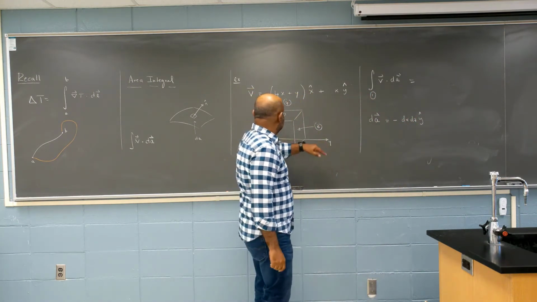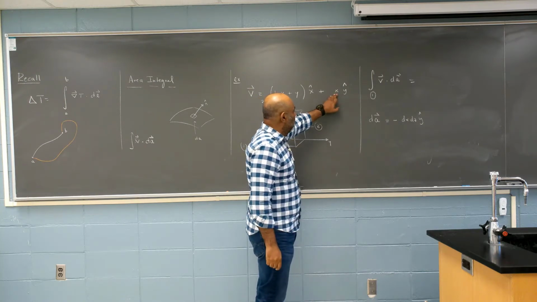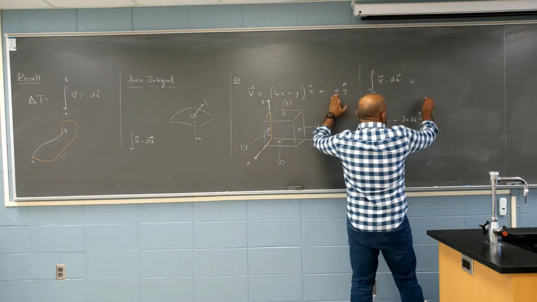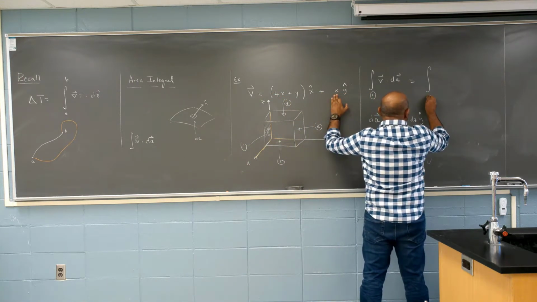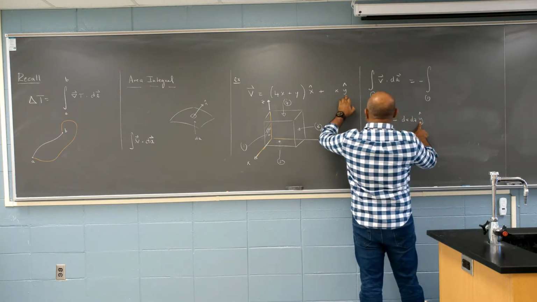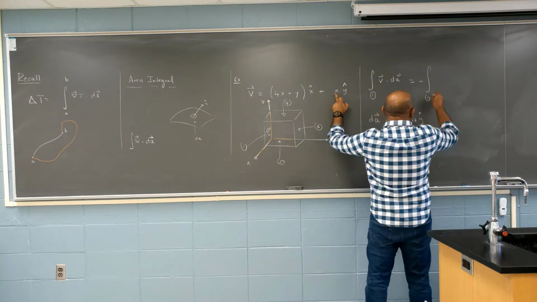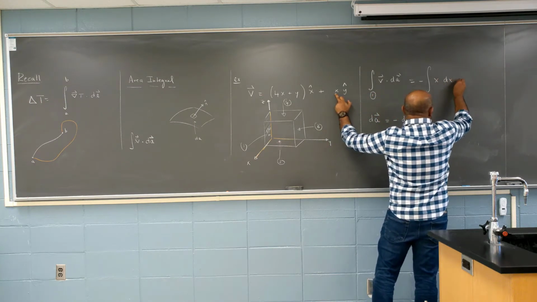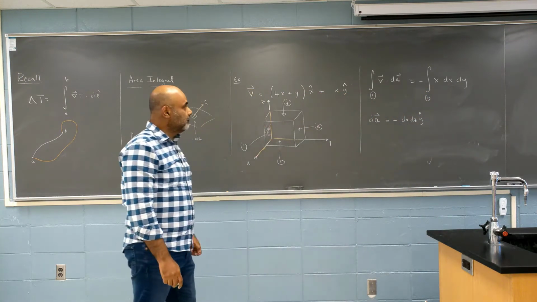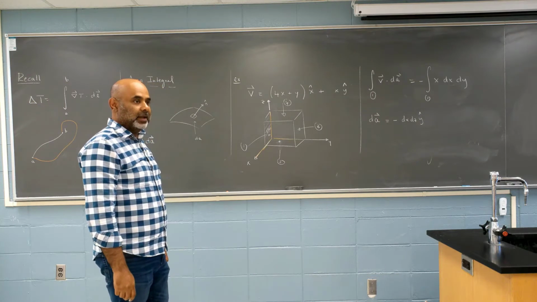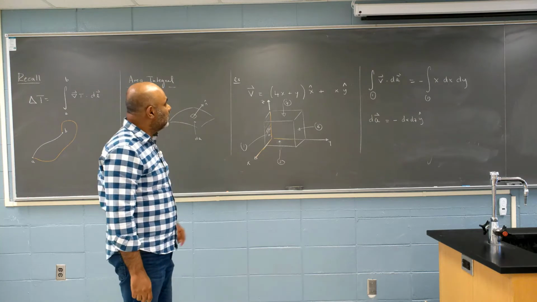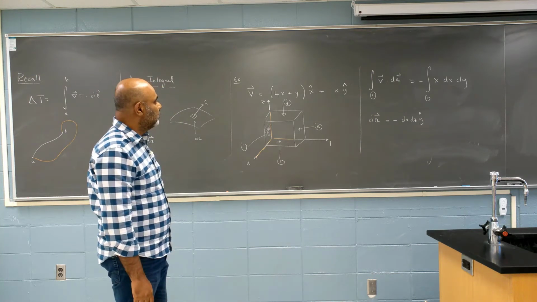That's great because all I need is the y component. So again, I'm going to put it as 1. I'm going to put minus y hat dot y hat is going to be 1. I'm going to get minus x dx dz. Correct? Now, in the x, am I correct? Please make sure.